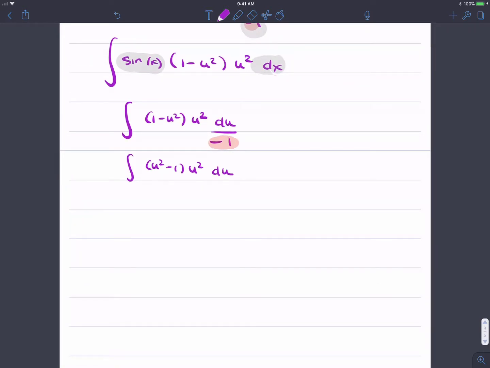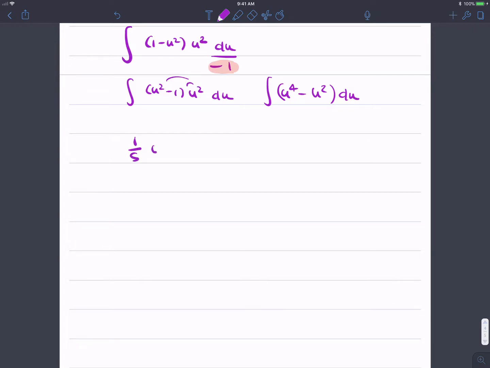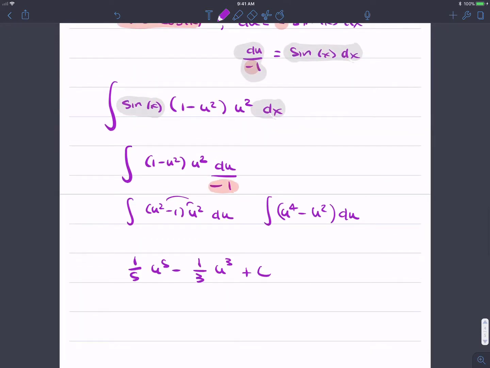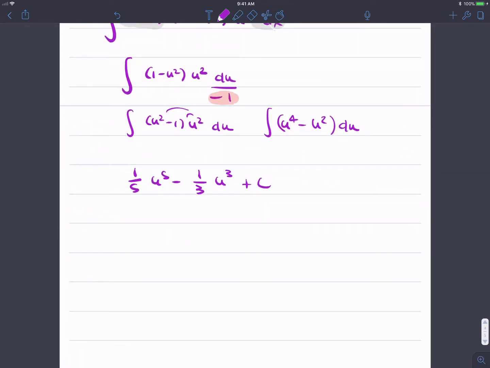Now all we have to do is some algebra and distribute, and we'll get an integral of u to the 4th minus u squared du. So when you integrate, you get 1/5 u to the 5th minus 1/3 u to the 3rd plus c. Don't forget again, u here will be cosine. So our final answer will be 1/5 cosine to the 5th power of x minus 1/3 cosine to the 3rd power of x plus that constant c.